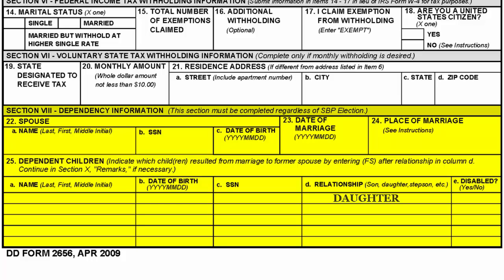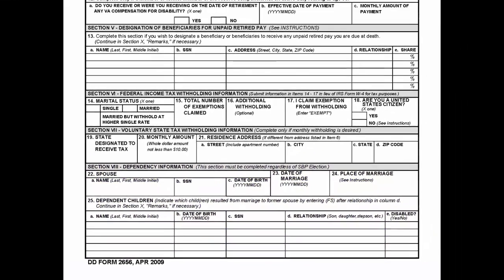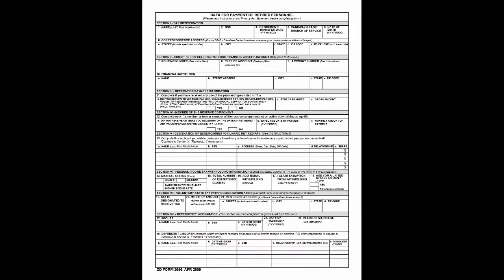If the child is from a former spouse, beside relationship, in parentheses, put FS. 25E, if they are disabled, simply write yes or no. That completes the first form of the 2656.